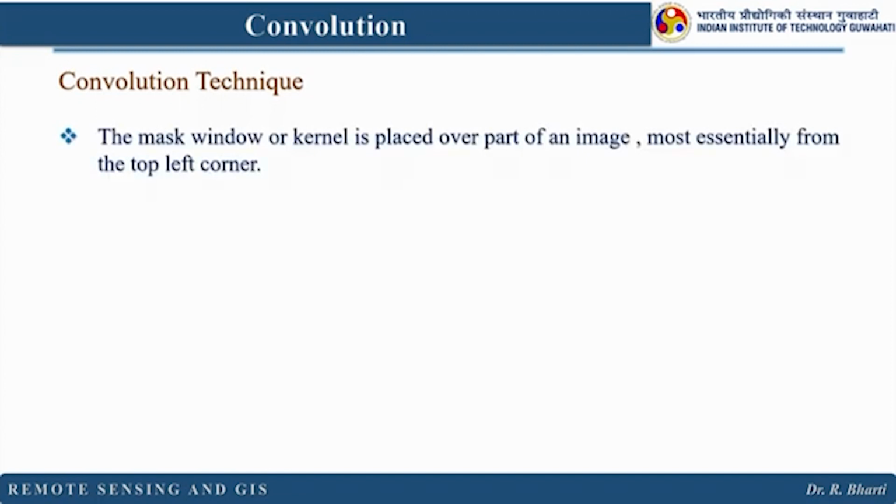And then the convolution technique. Here we will see how we perform this convolution. The mask window or kernel is placed over part of an image, most essentially from the top left corner. If this is your image, you will start from here, and let us assume this is 3 by 3.